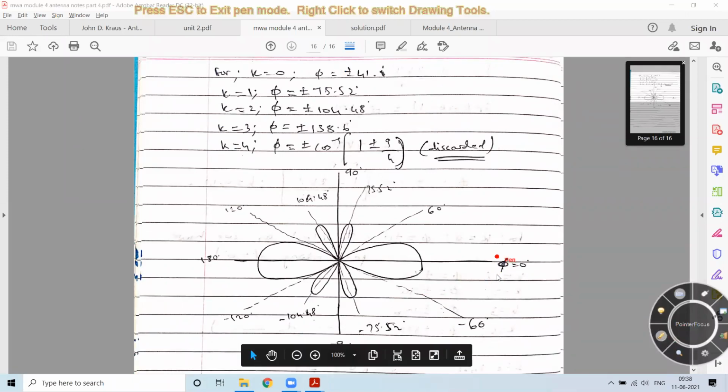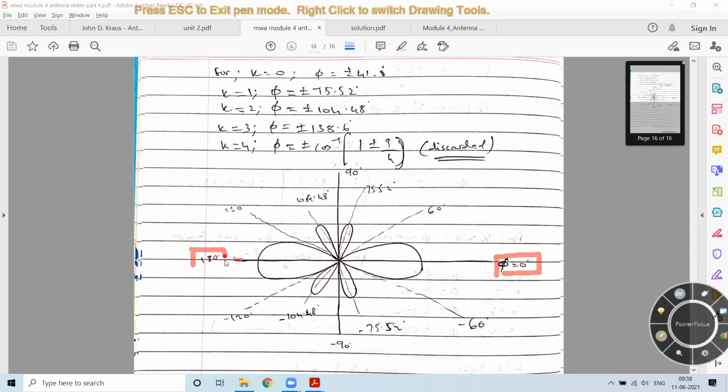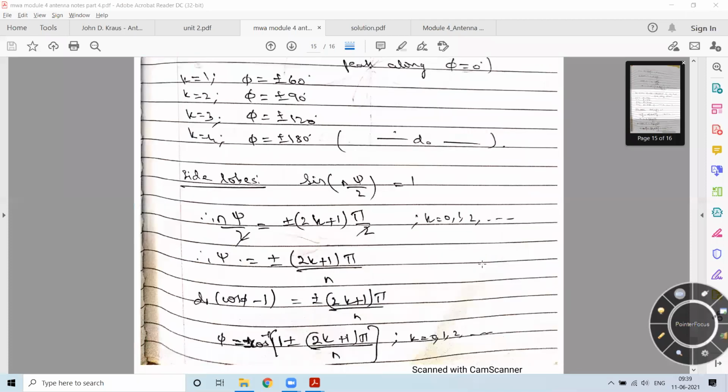So this is phi equal to 0. This is 180 degrees. In these two directions, I should have a maximum. Apart from this, I cannot have any other parameters. So first we identify the direction of maximum. Next we identify the direction of the nulls.